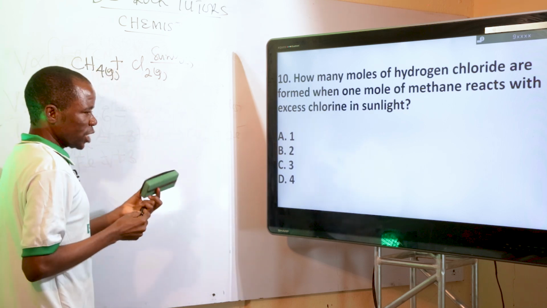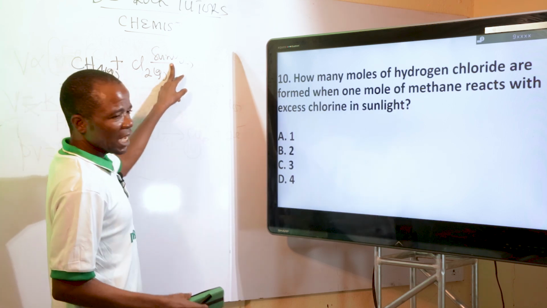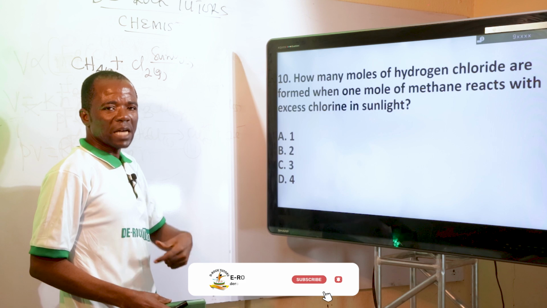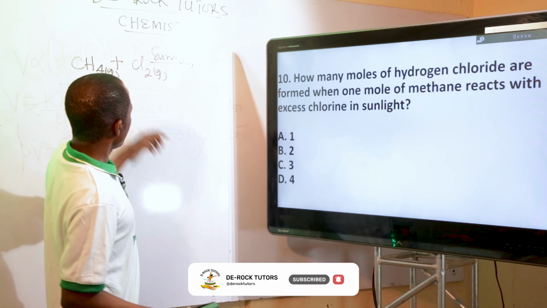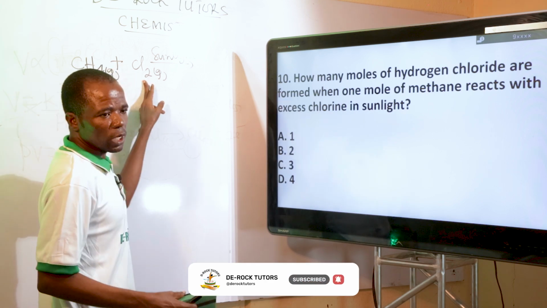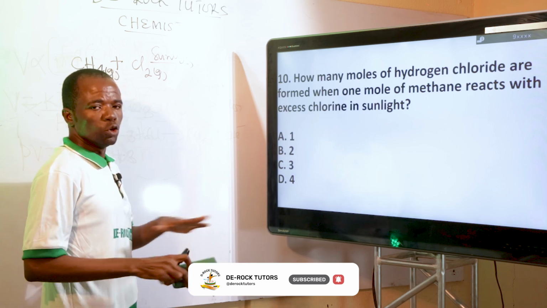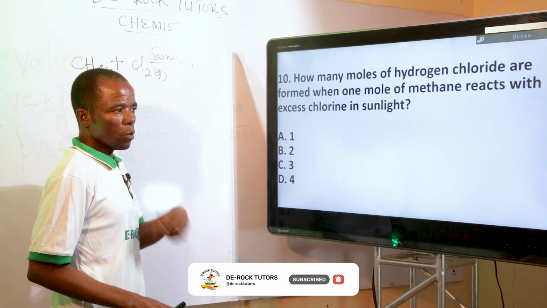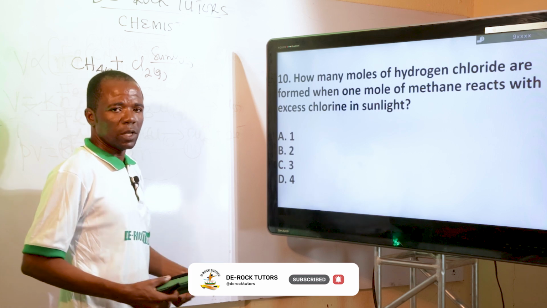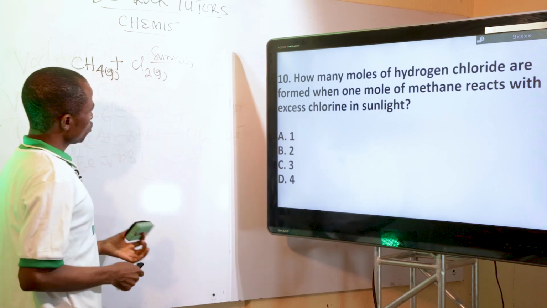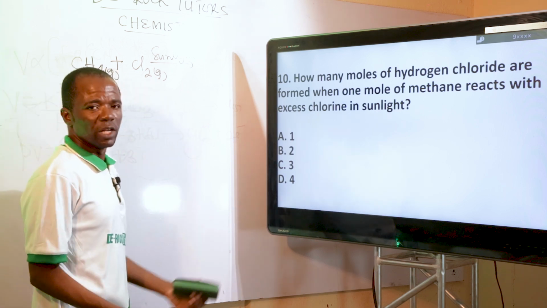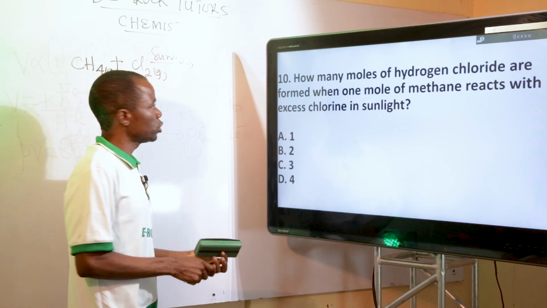Now we know a reaction that is catalyzed by light, we refer to it in chemistry as a photochemical reaction. And we know the reaction between methane and chlorine in the absence of light or UV light is extremely slow. But when sunlight is present, the reaction takes place very quickly. We refer to this reaction in organic chemistry as a chlorination reaction or substitution reaction.